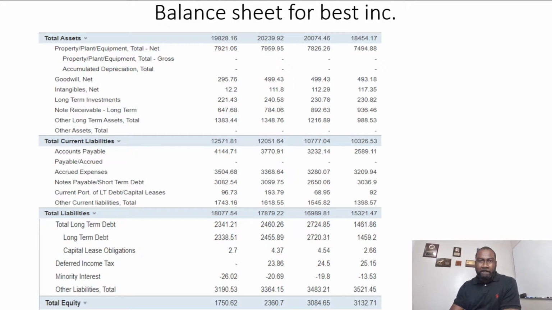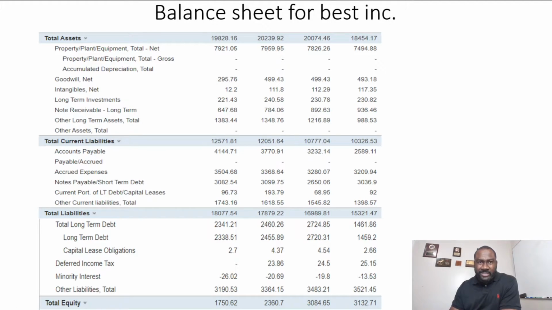So here's the balance sheet for Best Inc. It gives you 3 years again, plus the first quarter of 2021.